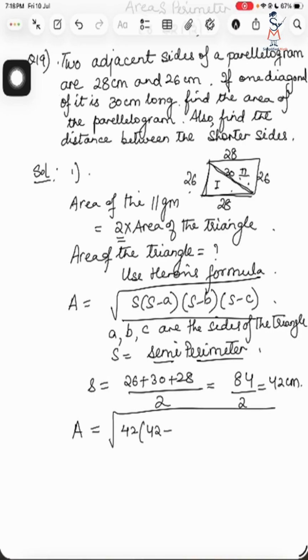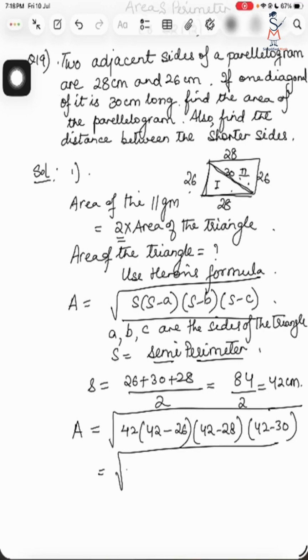42 minus A. Let's take A as 26, B as 28 and C as 30. So now this will become under root 42 minus 26, that will become 16.